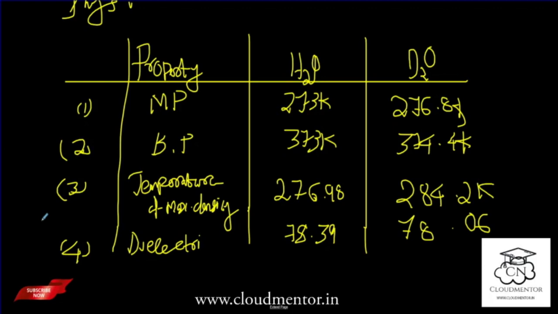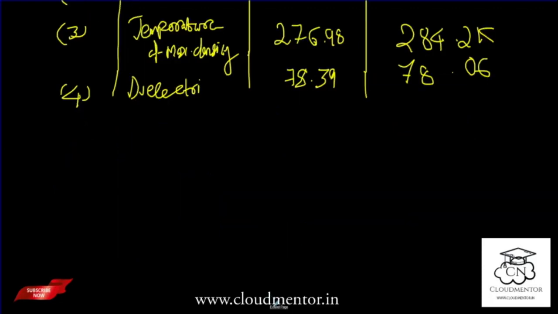And the peculiar properties of water in its condensed phases, that is liquid and solid, are due to the presence of extensive hydrogen bonding between water molecules.